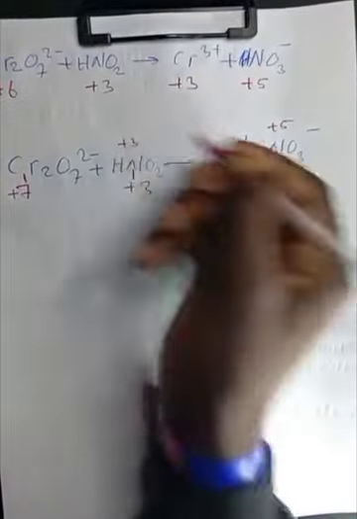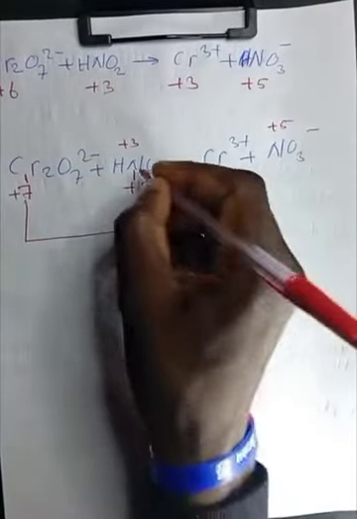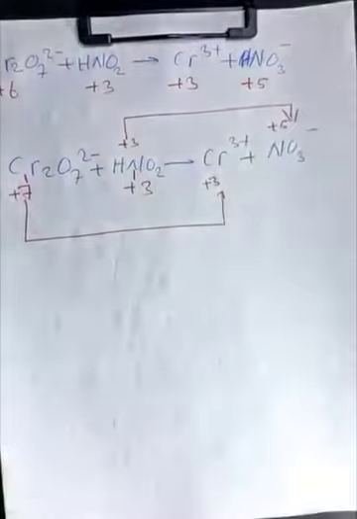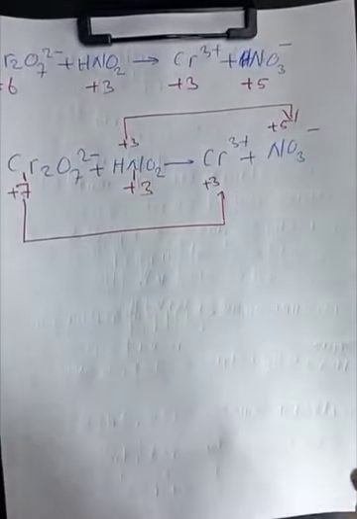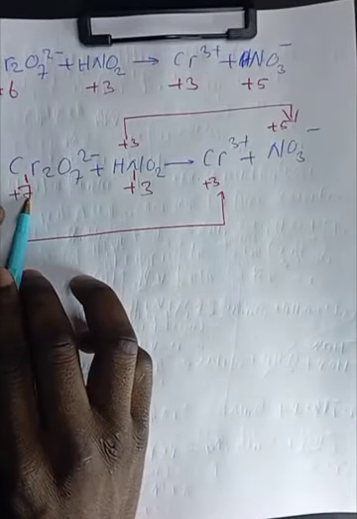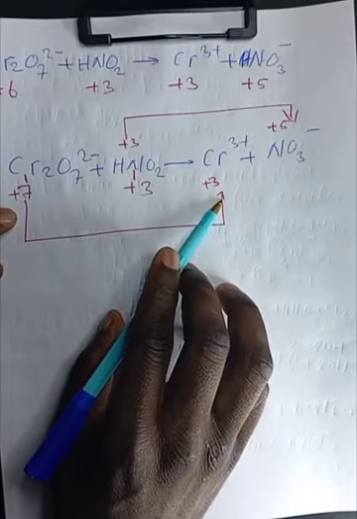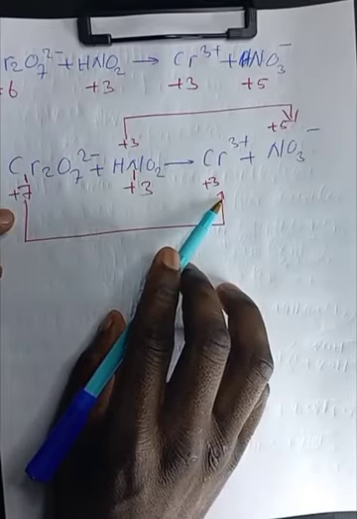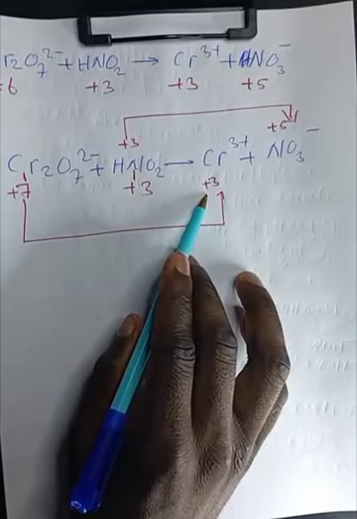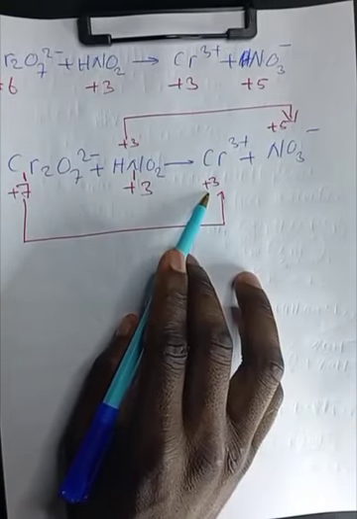Now we start comparing chromium here to chromium that side, and nitrogen here to nitrogen this side. What happened? If you check properly, chromium initially was positive 6, then it became positive 3. We can see that there is a decrease in oxidation number, and we know that a decrease in oxidation number is called reduction.